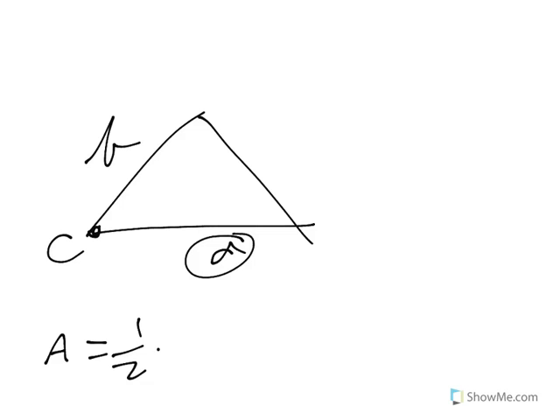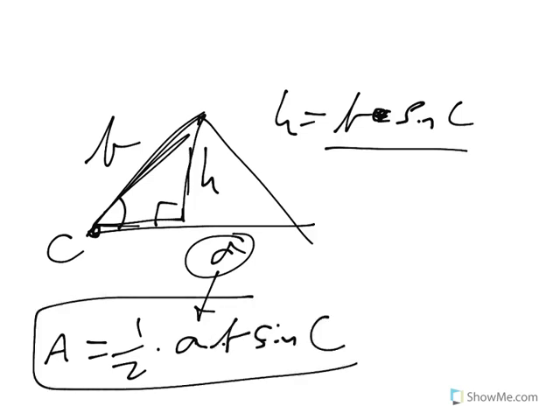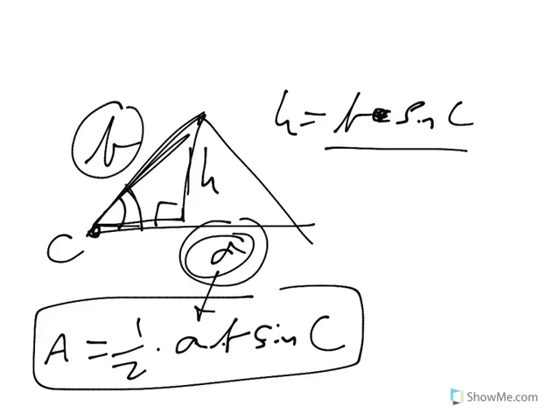The base is A in this case, and the height, well, that height is the hypotenuse of this triangle here, which is B, times sine of angle C. So we get 1/2 base, which is A, times height, which is B sine C. And we get a famous formula. If two sides are known and the included angle between those two sides, the area of the triangle is 1/2 AB sine C.